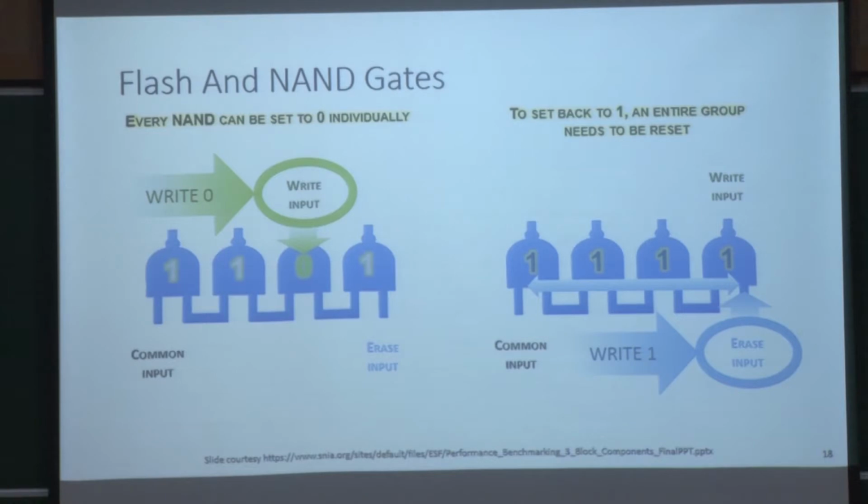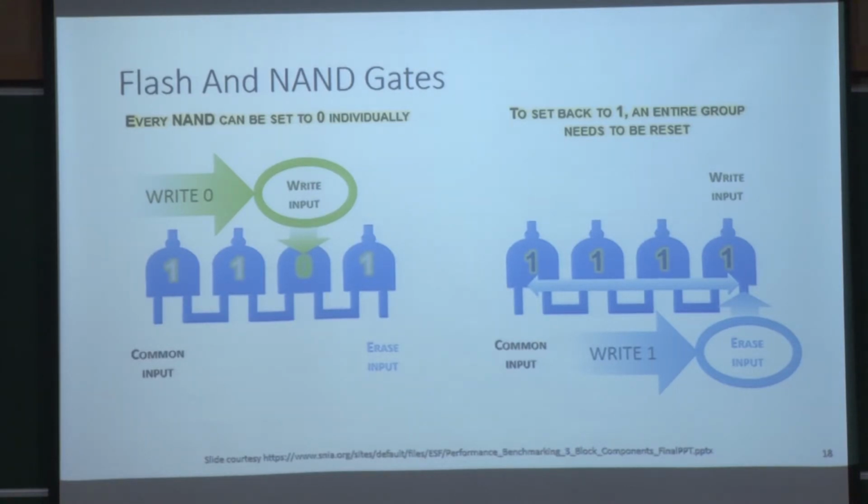One thing that you have to keep in mind about NAND Flash, and that will percolate through this entire discussion, is that changing a 1 to a 0 is relatively easy, right? But changing a 0 to a 1, or setting back zeros to a 1, you have to write to an entire group of flash devices, right? So if I have, in this case, 4 flash devices, if I want to change a 1 to a 0, I could easily do that.